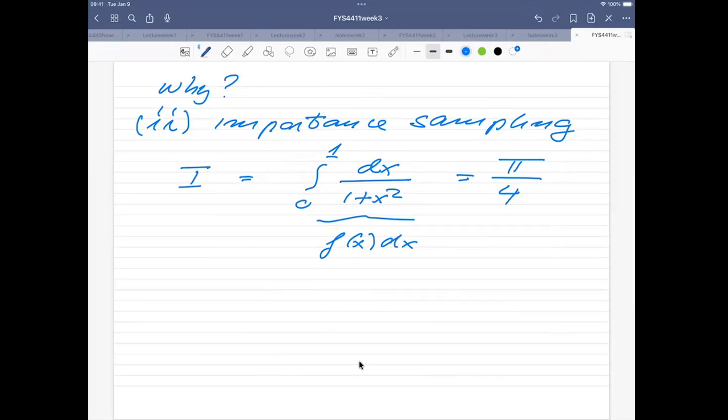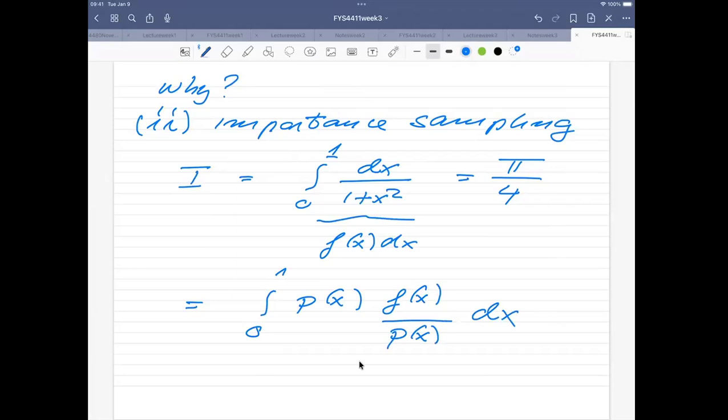Now I look at a slight modification of this expression, where I can introduce a probability distribution by redefining the function I want to integrate, simply rewriting this as f of x divided by p of x times dx.